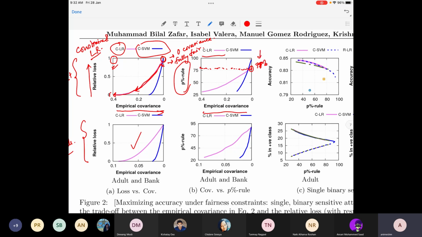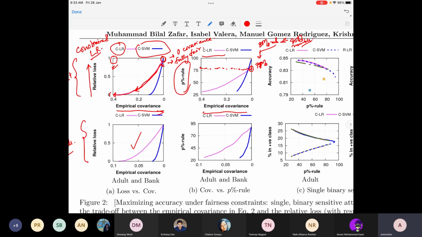So remember we said that the 80% rule is a good number for adhering to disparate impact. This is what is being shown here.